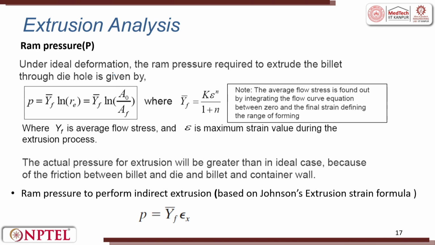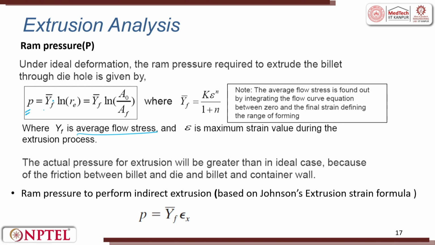Under ideal deformation, the ram pressure required to extrude the billet through the die hole is given by: load is equal to average flow stress times natural logarithm of Rx. What is Rx? Rx is the reduction ratio, which is nothing but A0 by Af. Through this we can try to find the pressure.